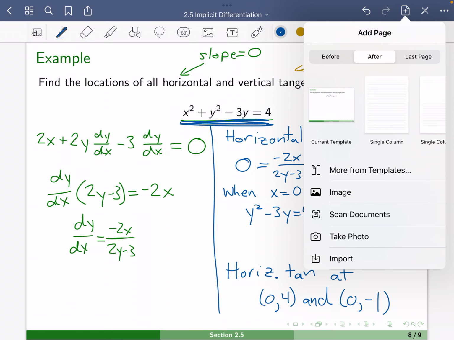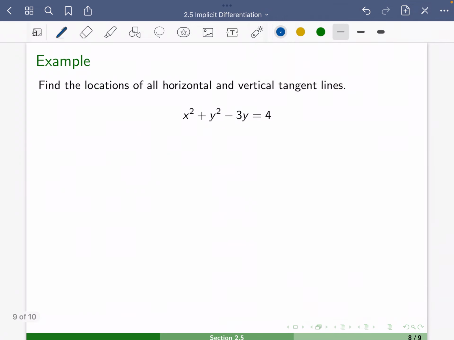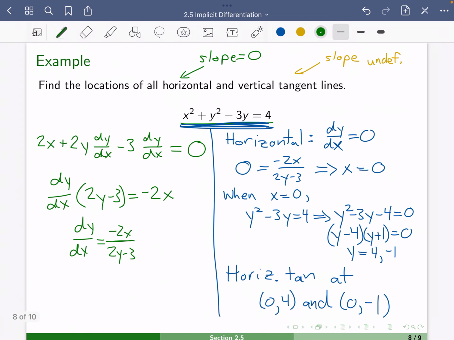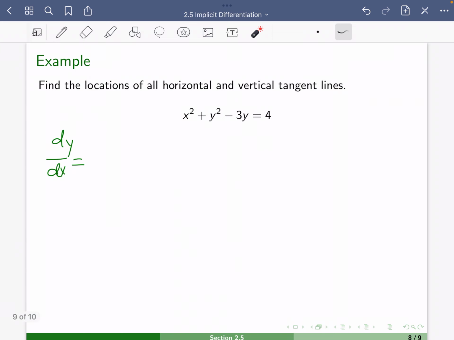Let's also find our vertical tangent lines. From our previous page, we saw dy/dx was equal to negative 2x over 2y minus 3.